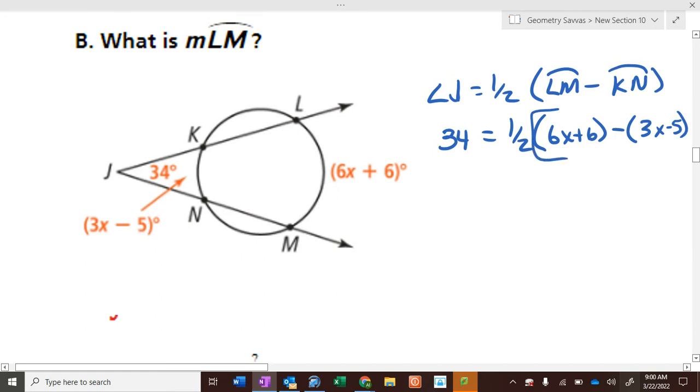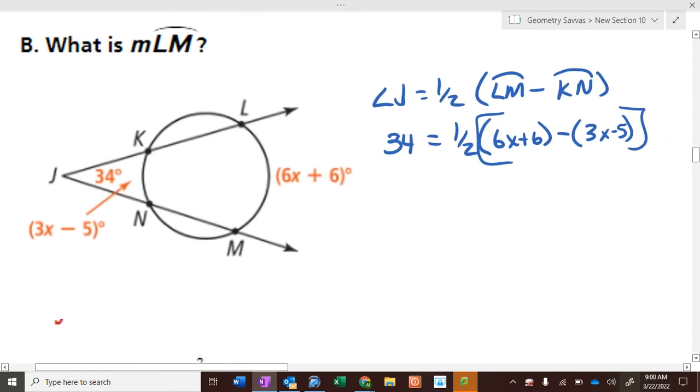Now, this one's a little harder because it has variables in it. So 34 equals 1/2 of, what's 6x minus 3x? 3x. What's 6 minus a negative 5? Plus 11. Minus a negative is plus a positive, so it's 6 plus 5, which is 11.